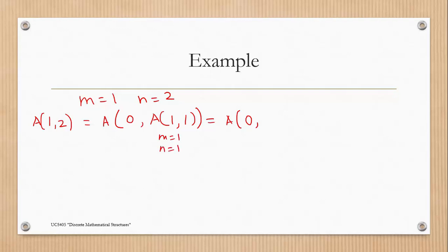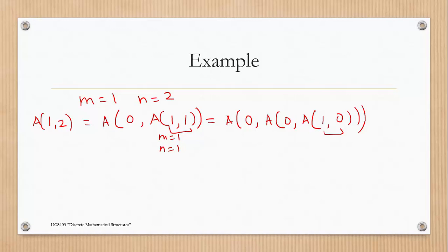Then again third case will apply. So this value will be equal to A of m minus 1, which is 0, comma A of m, that is 1, comma n minus 1, which is 0. Now again we have to solve this one. In this case, which case will apply?